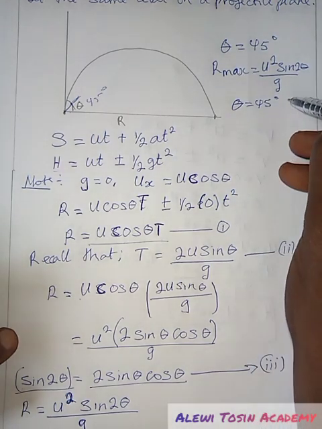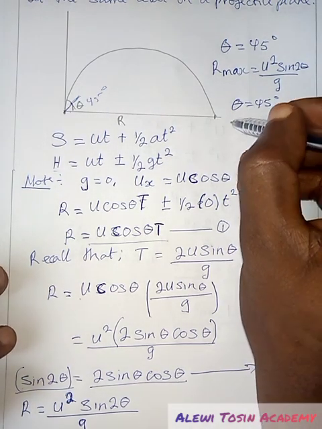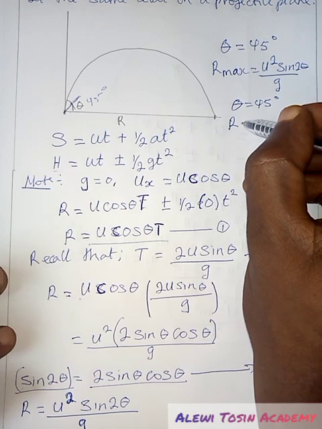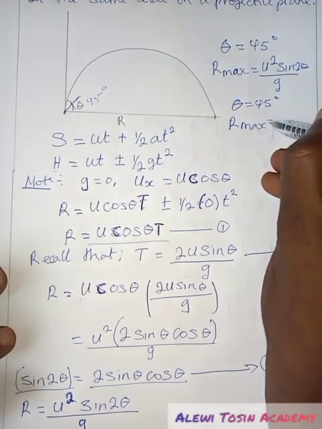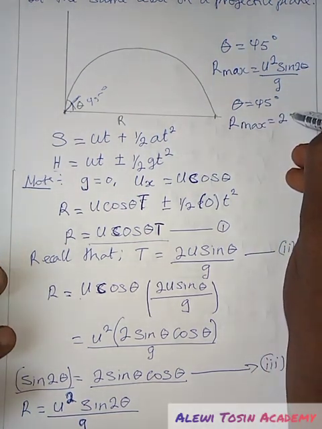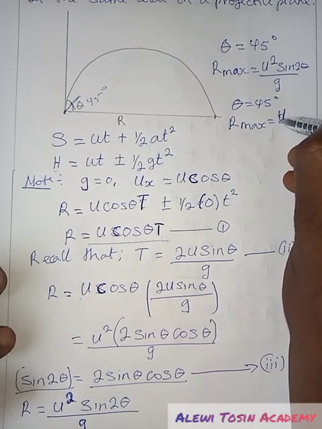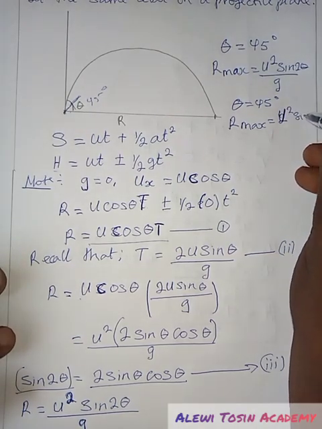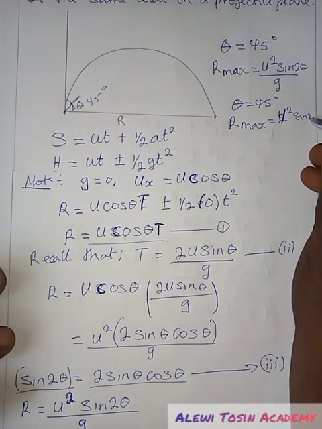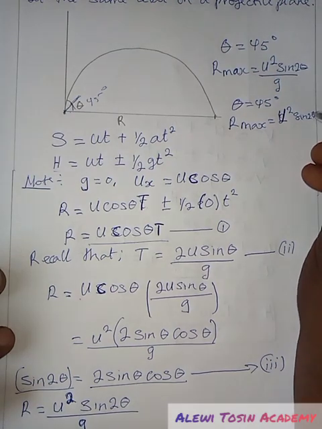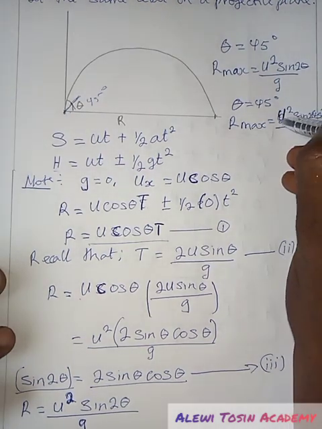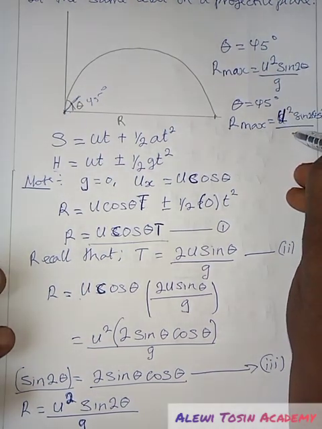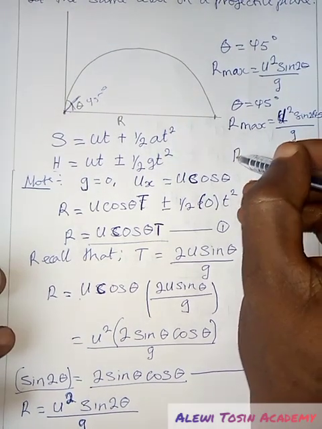This is a past question, so please let's take note of it. R max will be equal to u square sine 2 times 45 over g.